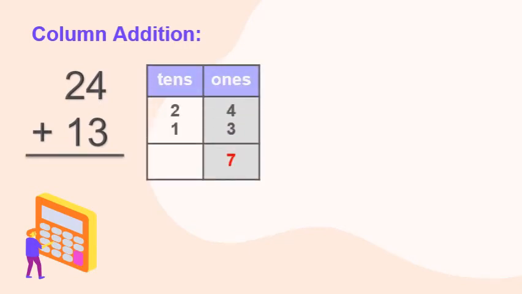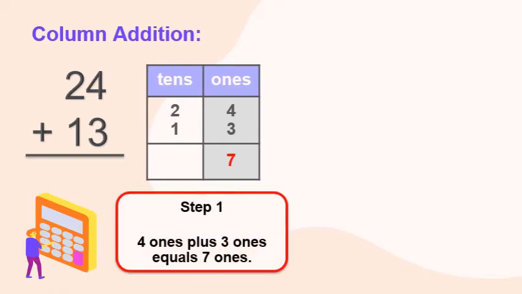We can also calculate this using column addition. First addend is 24, and the second addend is 13. Step 1, you are going to column this by tens and ones. 4 ones plus 3 ones equals 7 ones.